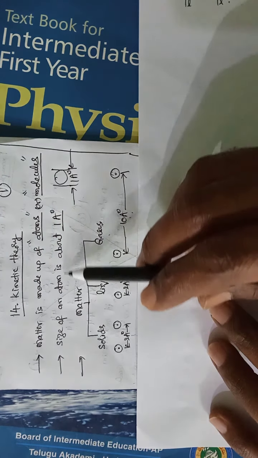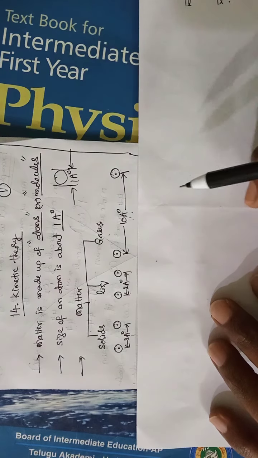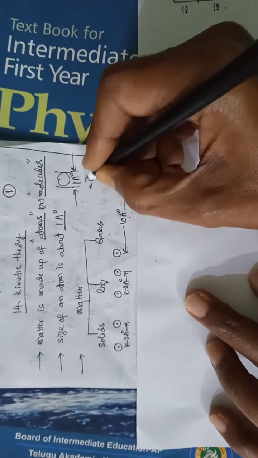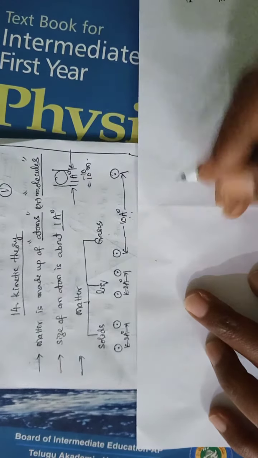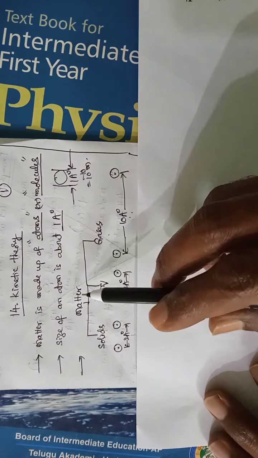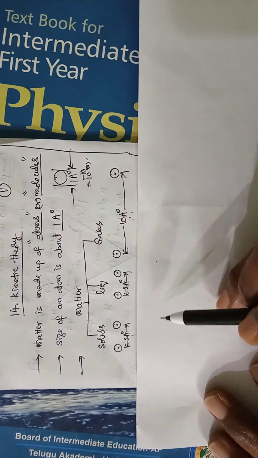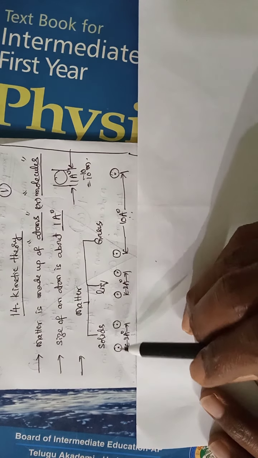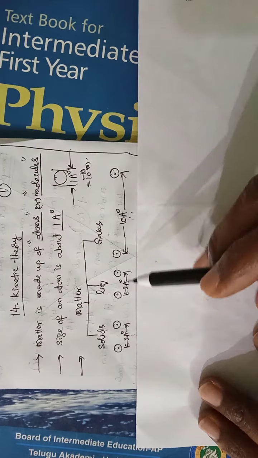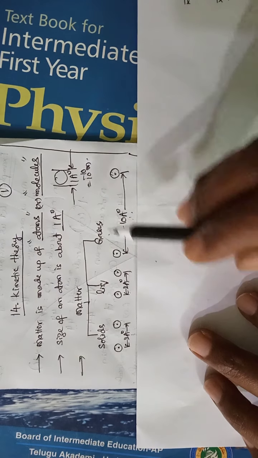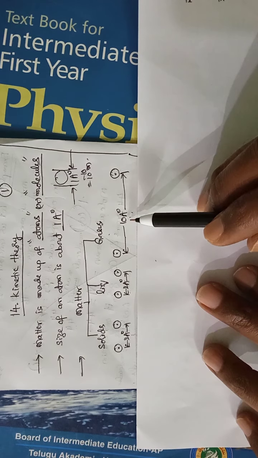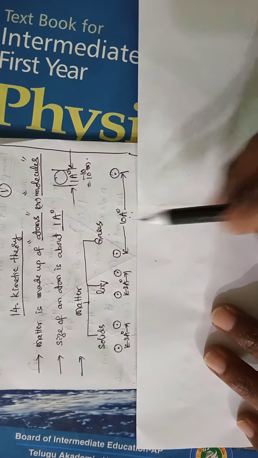The size of an atom is about 1 angstrom. 1 angstrom means 10 to the power minus 10 meters, and size means diameter. The distance between two adjacent atoms in a solid is about 2 angstroms, and in liquids the same value. But in gases, the distance between adjacent molecules is about 10 angstroms, 5 times larger than this value.